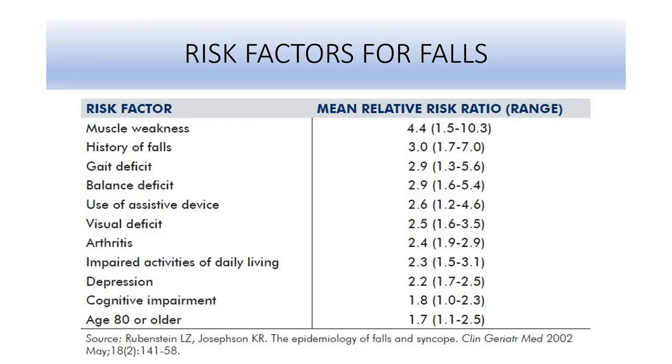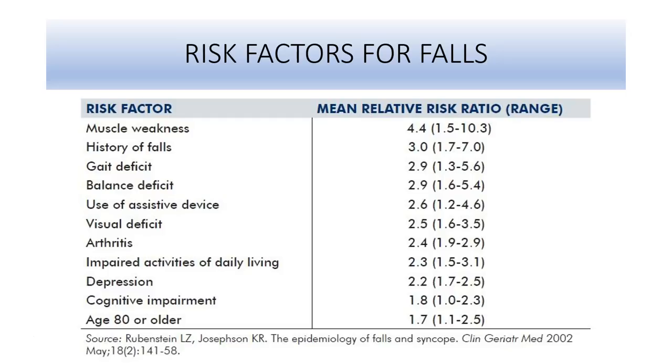Looking at these risk factors, again, we know that lower extremity weakness is a factor, abnormalities in gait, abnormalities in balance. The patients that come to see us using gait-assistive devices such as canes, patients who have altered gait due to osteoarthritis of the hip, or the knee, or the ankle, or the foot.